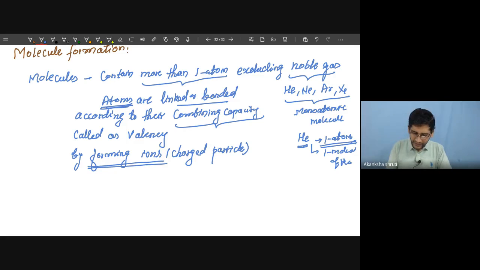Now this ion formation depends on its combining capacity. Combining capacity means the tendency to have the state of a noble gas.